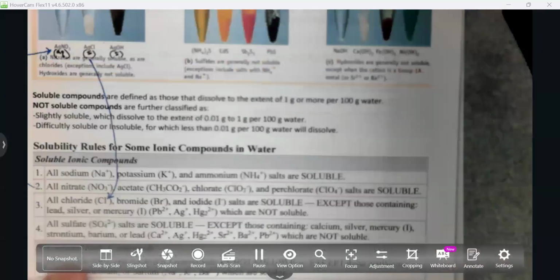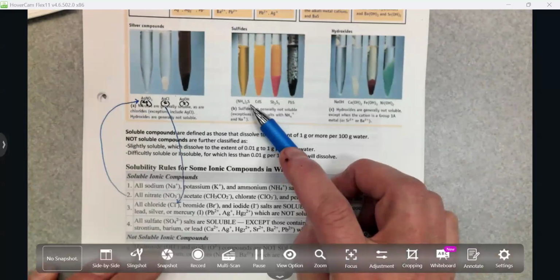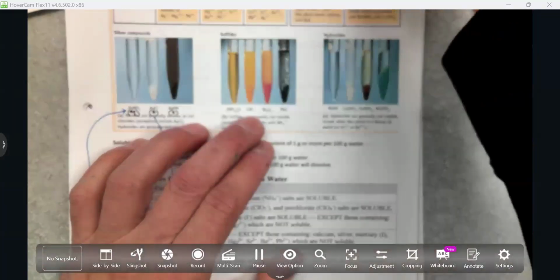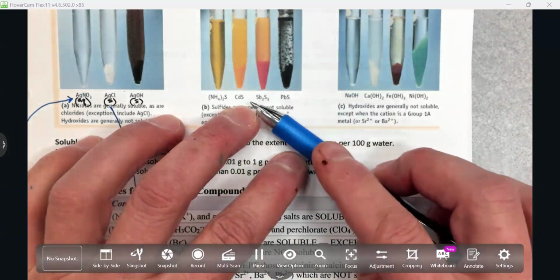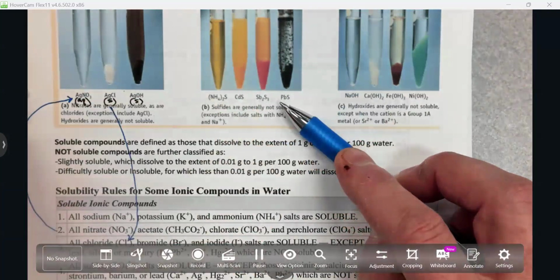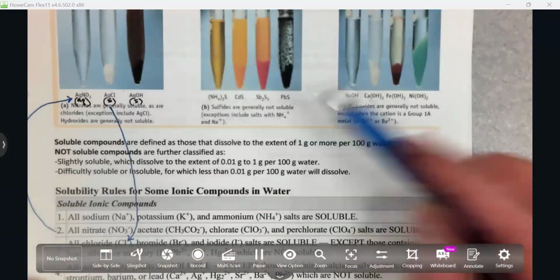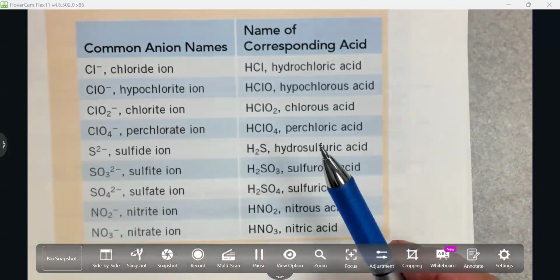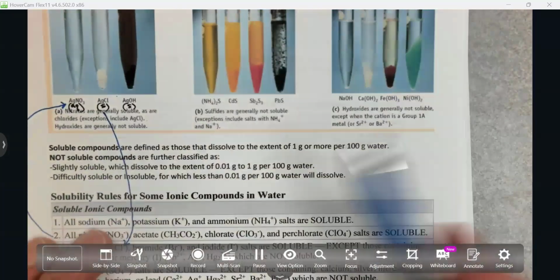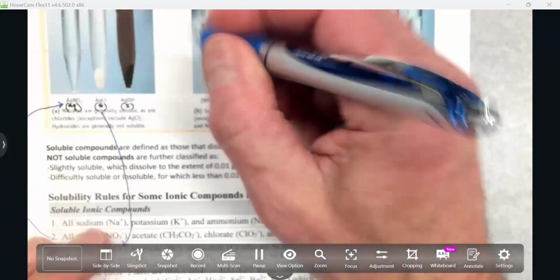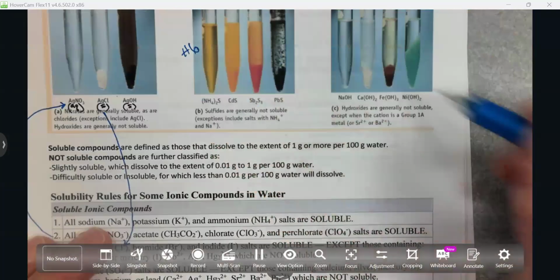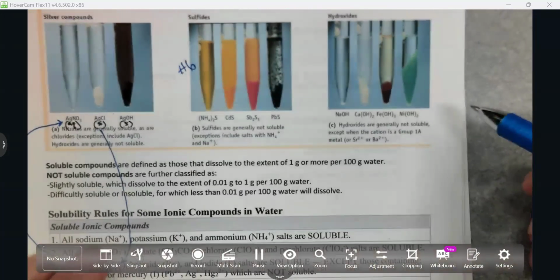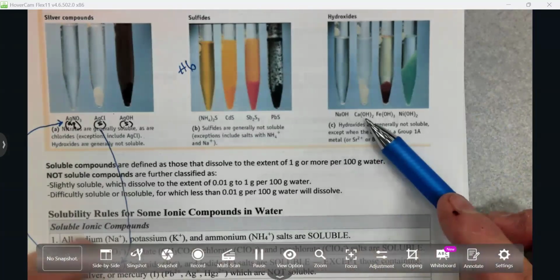So this is a sulfide here. This is a sulfide and this is a sulfide. So you'd be looking at the rules for sulfides here. And the rules for sulfides are on the next page, number 6. This is hydroxides.